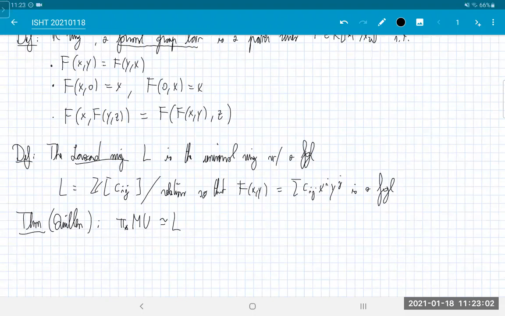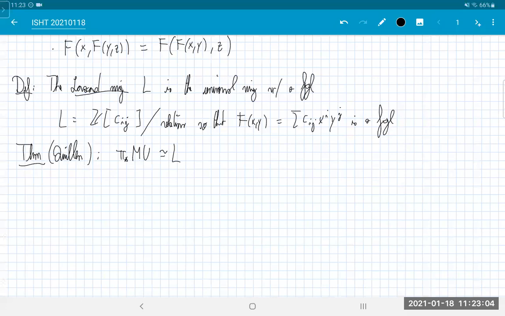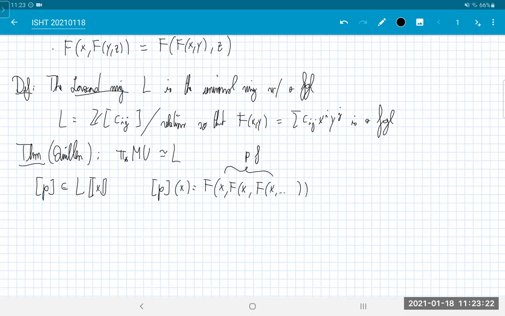No? Okay, that's good. So we define multiplication by p, a power series in only one variable: [p](x) is just F applied p times, so p factors. It's multiplication by p, not very surprisingly, perhaps.